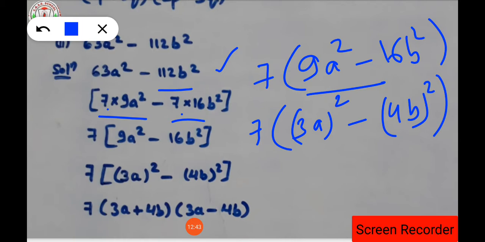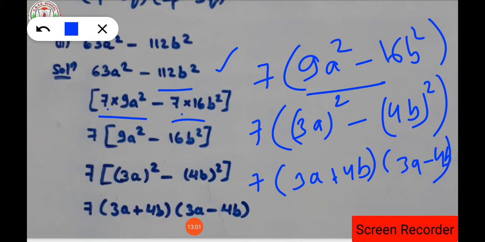Now it is in the form of the identity a square minus b square equals (a + b)(a - b). So (3a + 4b)(3a - 4b), along with the multiplication by 7. So 7(3a + 4b)(3a - 4b) is the required answer.